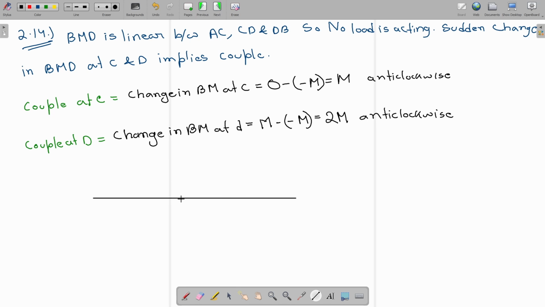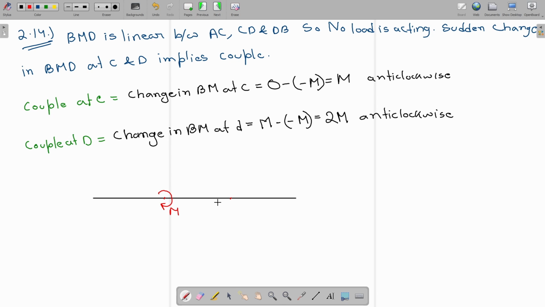If this is the beam, this is point C and this is point D. This will be the diagram.